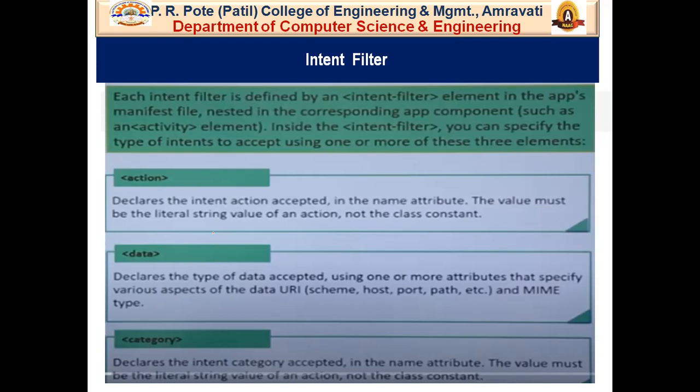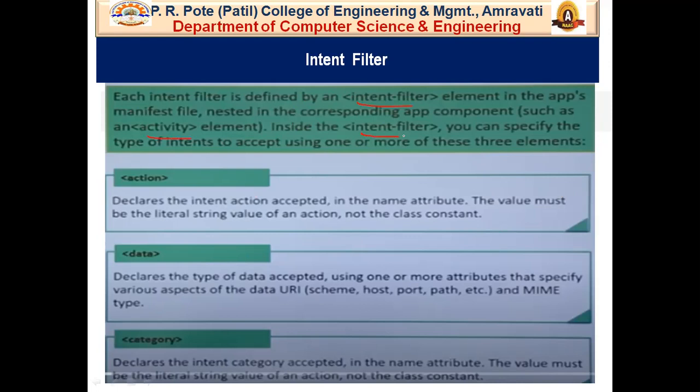Each intent filter is defined by an intent-filter element in the application manifest file. As I told you, in the application manifest file, we can find the intent filter nested in the corresponding app component, such as the activity element.